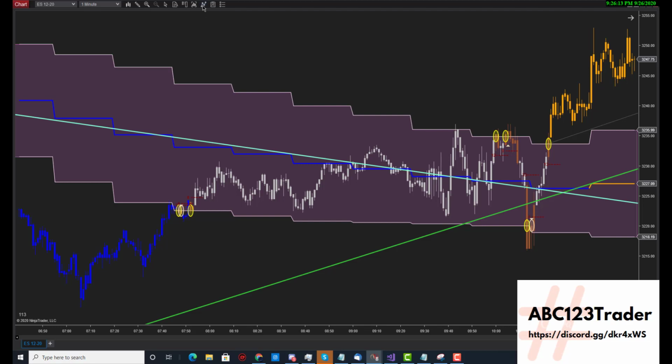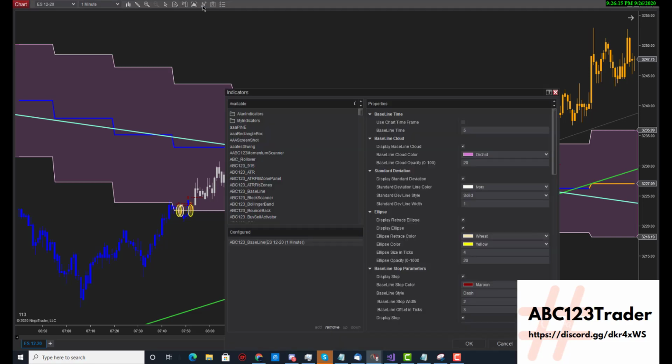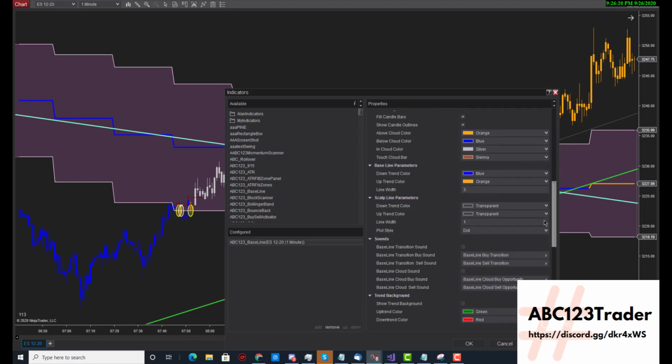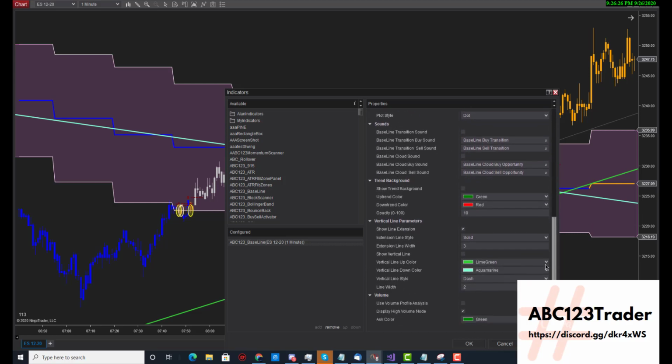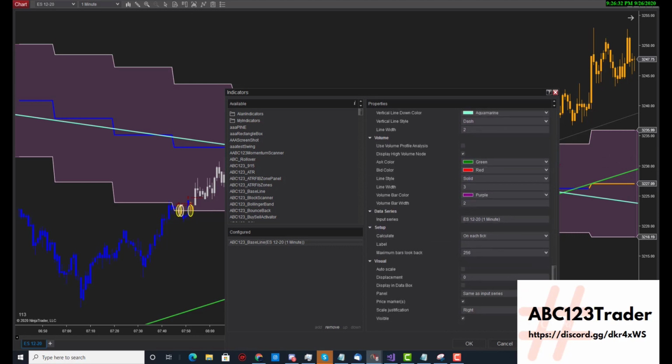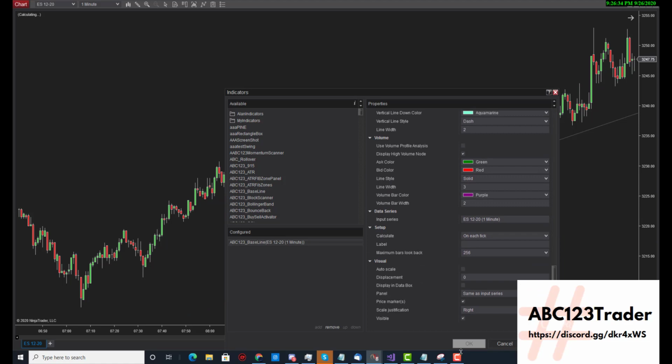I'll just show a couple other options of how the baseline works. You have other options, as I call them, scalping parameters, and sounds for retracement to tell you so you don't have to look at your screen. I'll show you the background and the vertical line here.